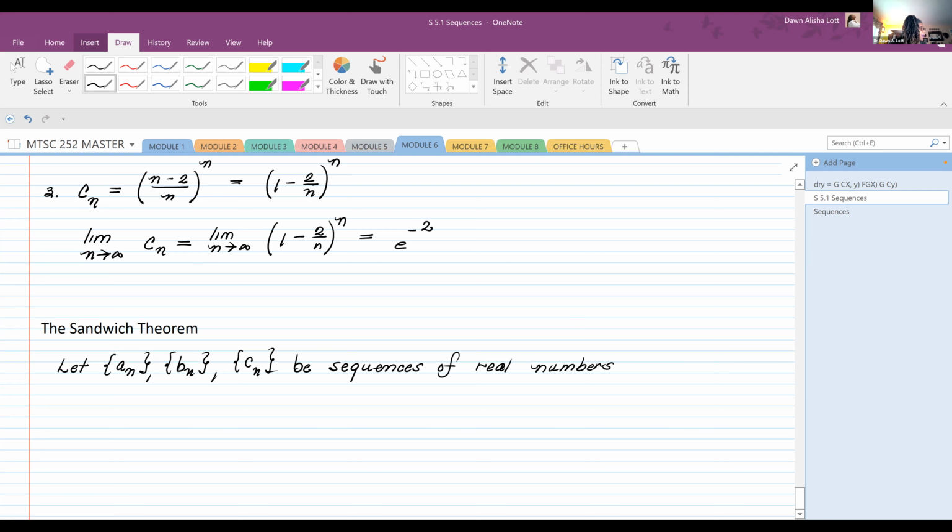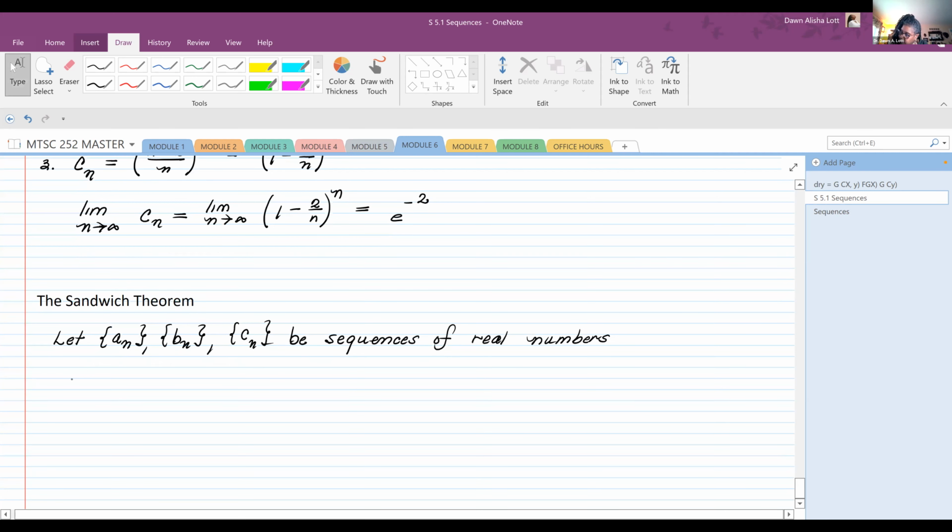If a_n is always less than or equal to b_n, which is always less than or equal to c_n, for all n, when I say greater than n, I mean sufficiently out far at the end of the sequence.